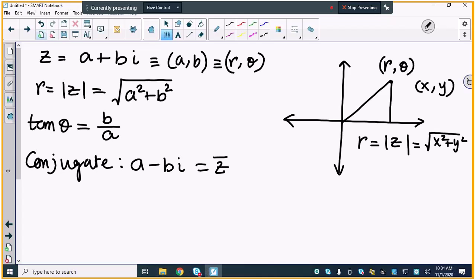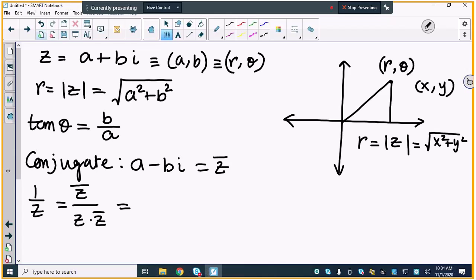So if someone asks us what is 1 over z, I can think of that as z bar over z times z bar. What I have done here is multiply the conjugate of the complex number z on both top and bottom. Now think about what happens.